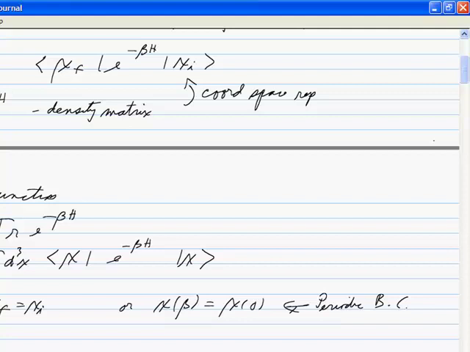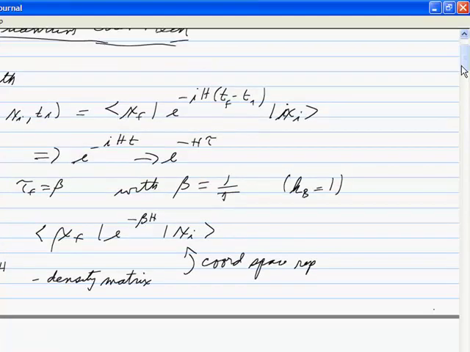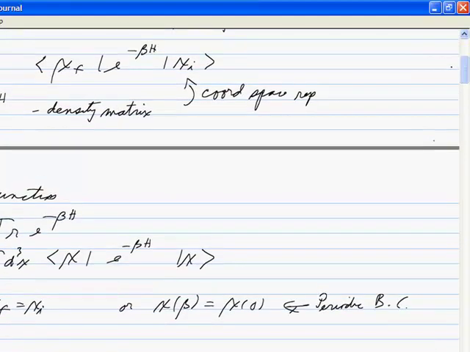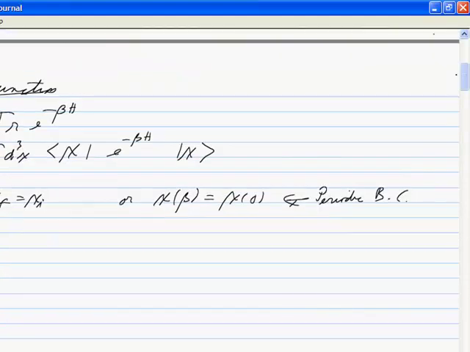Okay. So just playing games with our beast to begin with, we see that while this initially had this interpretation of taking something at position x_i ending up at position x_f at a later time, if we play this game, we make it periodic, so it comes back to the same point, and we sum over all of them, we get the partition function out. So that game has been worth it.